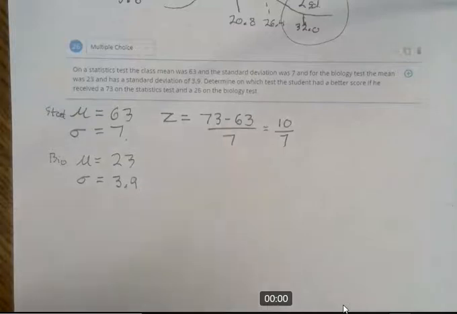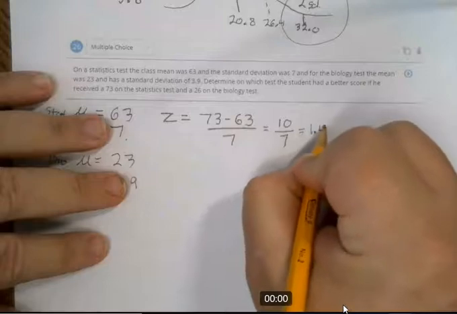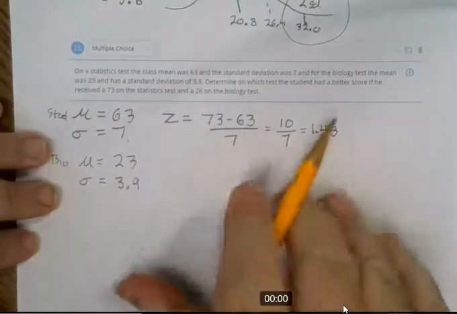That gives you 1.43. So that's a z-score, 1.43 standard deviations above on stats.